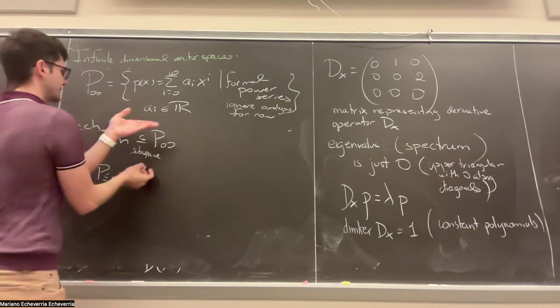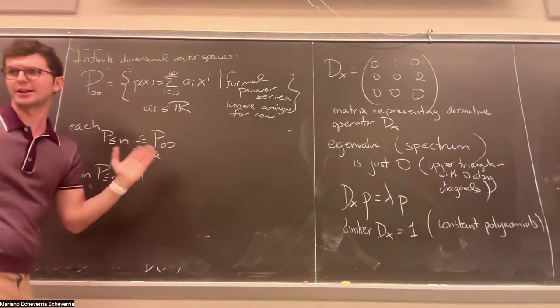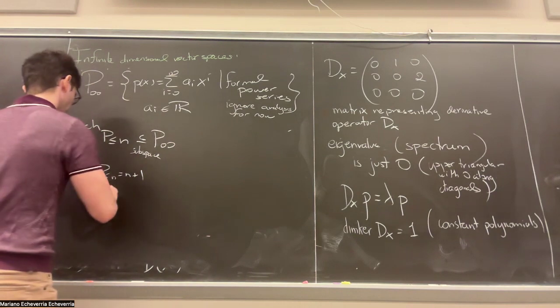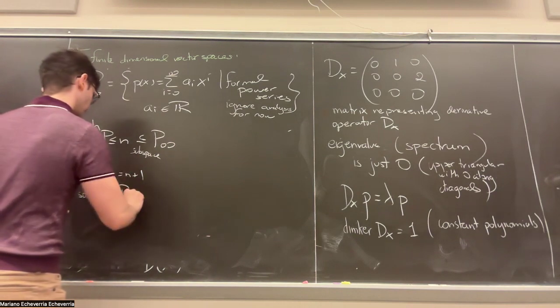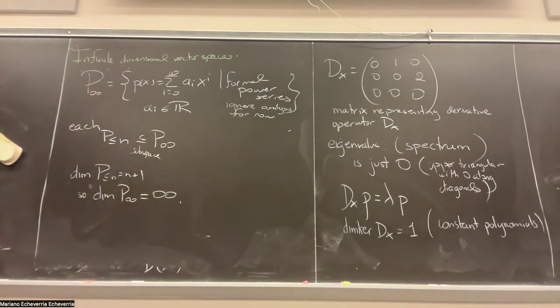So because it's like a subspace, this is telling you that the dimension of the formal power series has to be infinite, right? Does that make sense?